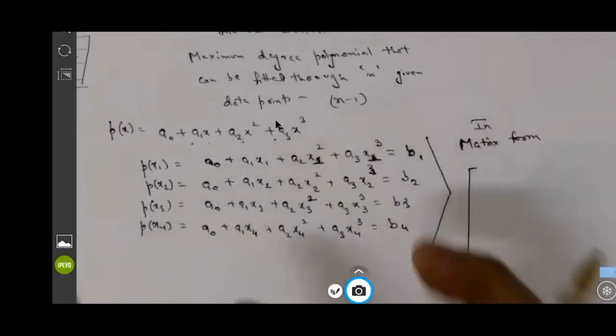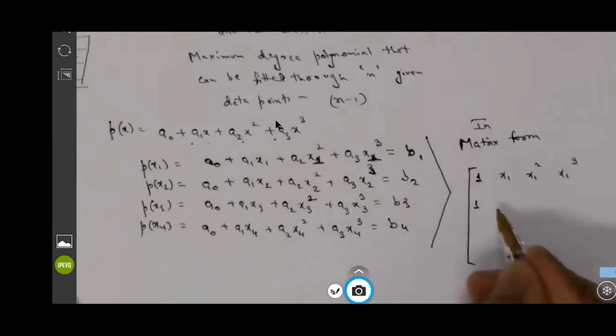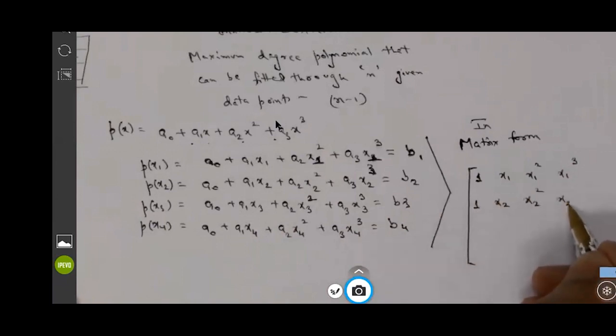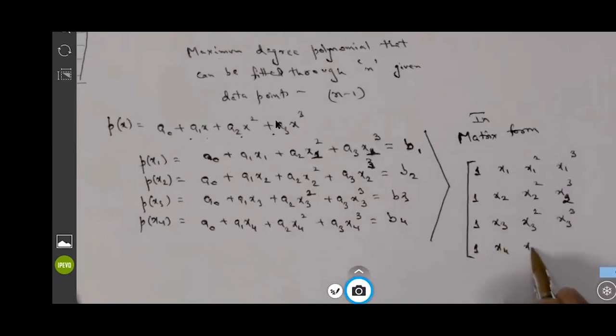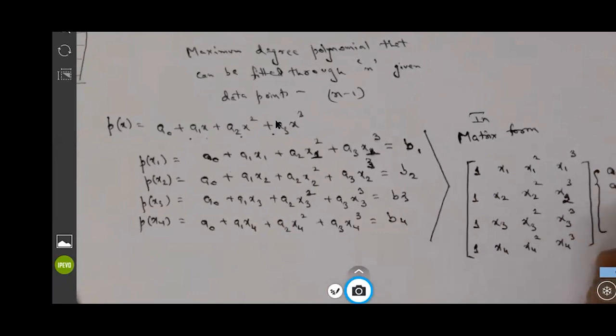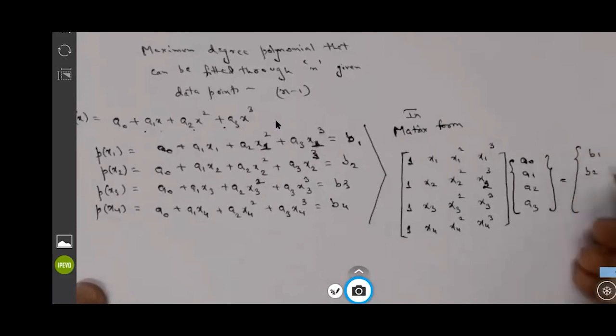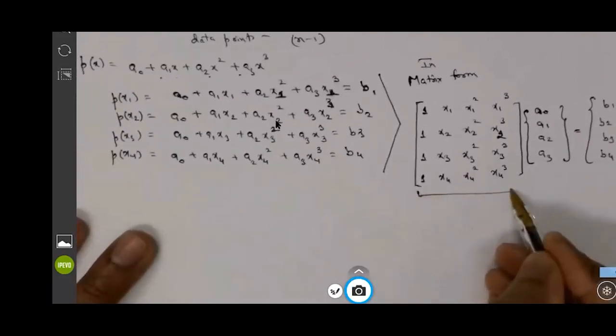I can write this system of equations as 1, x1, x1 square, x1 cube, 1, x2, x2 square, x2 cube, 1, x3, x3 square, x3 cube, 1, x4, x4 square, x4 cube, multiplied by a0, a1, a2, a3 is equal to b1, b2, b3, b4. Let me know if everybody follows that.